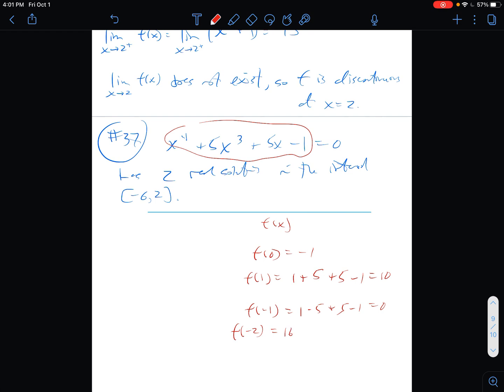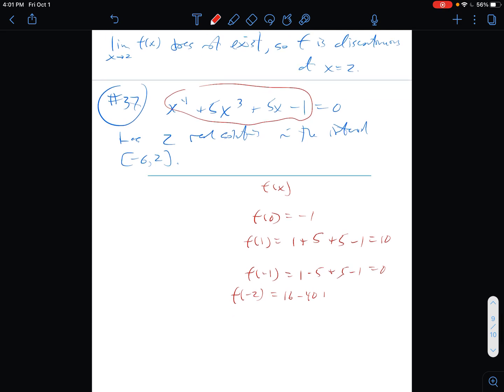F of -2 would be 16 minus 40 minus 10. Oh, wait, actually, finding the 0 is actually super helpful. Okay, so here's what we can do. So I just need -1, 0, and 1.